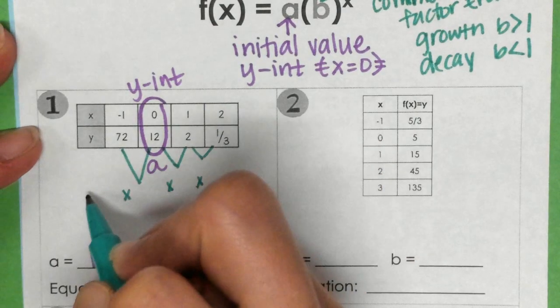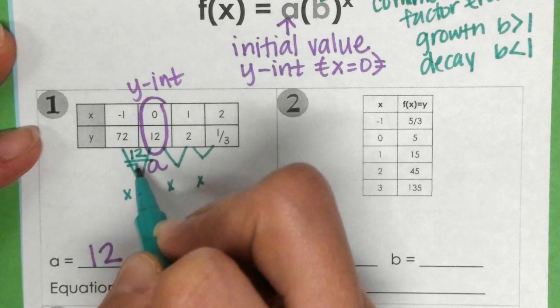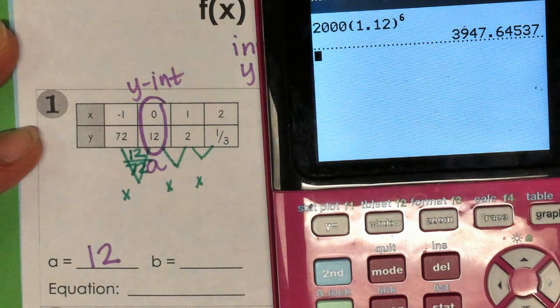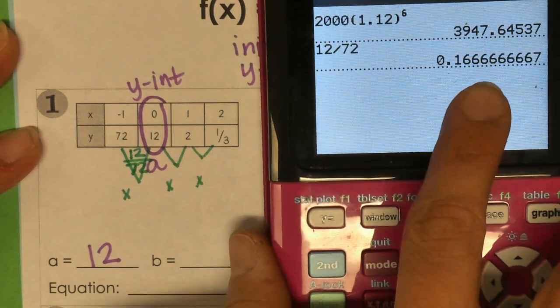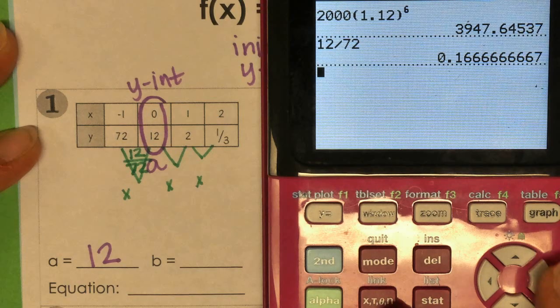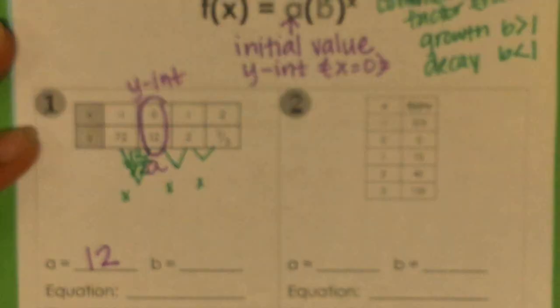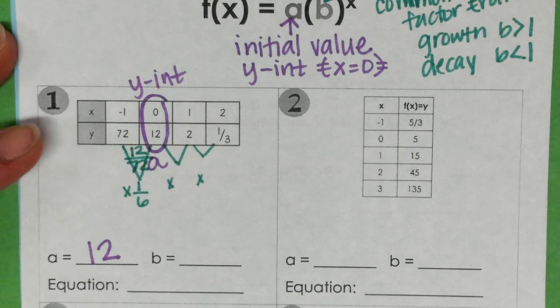So to find this, you're going to do 12 divided by 72, to get 0.16 repeating. That's not very pretty, so I'm going to change that to a fraction. So 1/6. So I'm multiplying 72 by 1/6 to get to 12.